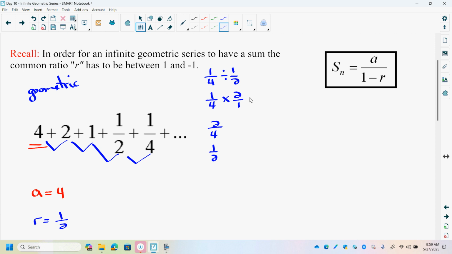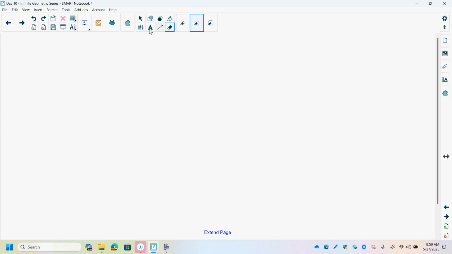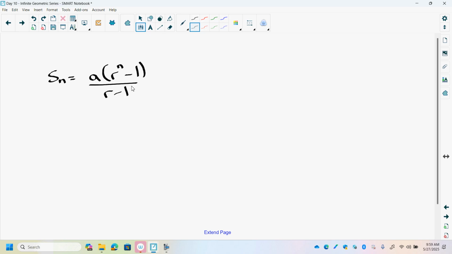Yes. How do I know when to use this formula versus the old formula? Remember when we were talking the sum of a geometric series, we did this. That's what we used to use. So why now, or when, do I use this formula?